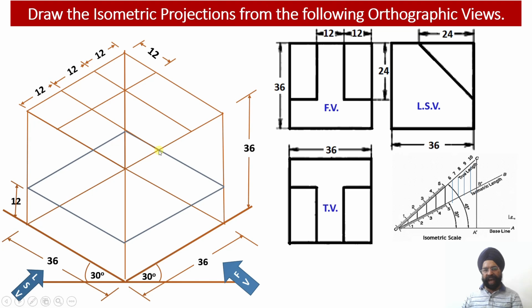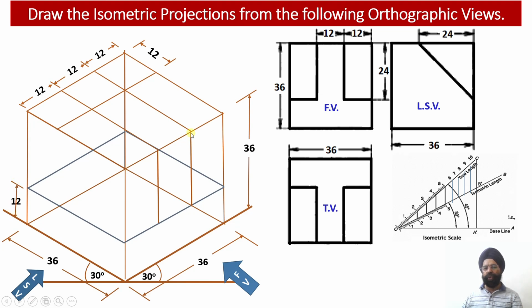Once I project this down, the vertical central web will be located over here. The vertical central web has been located as I move down at a height of 24 millimeter from the top, because the bottom web was constructed with a height of 12 millimeter.